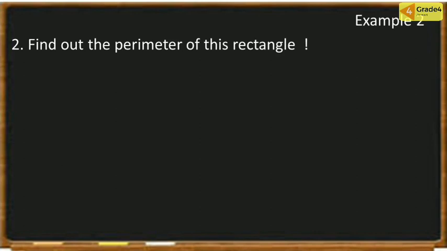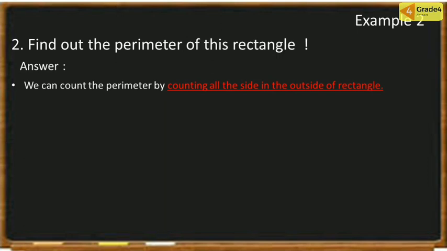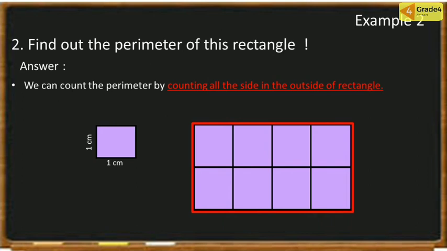Example 2 is about the perimeter of a rectangle. The question is: find out the perimeter of this rectangle. We can count the perimeter by counting all the sides on the outside of the rectangle, or we can just add all the sides of the rectangle. Look at my picture again.